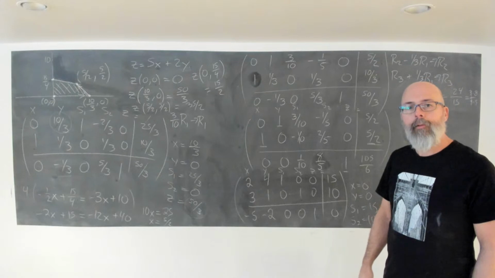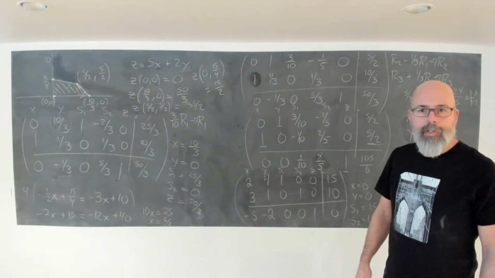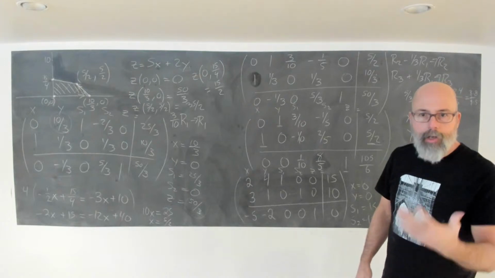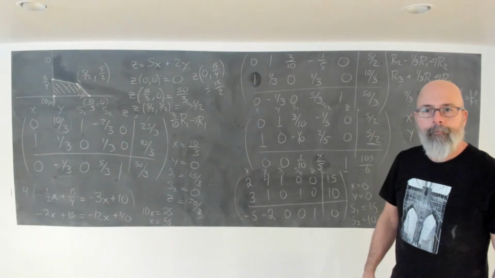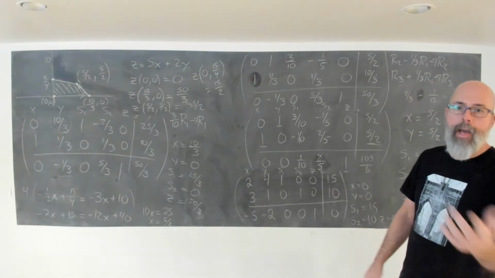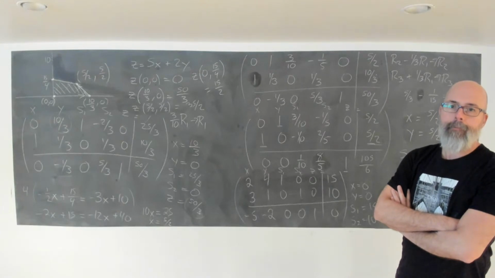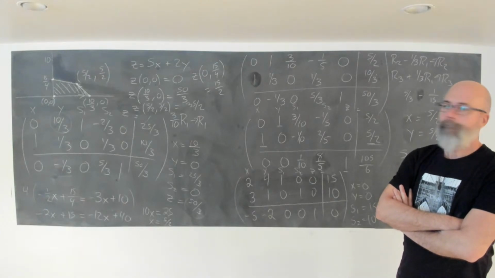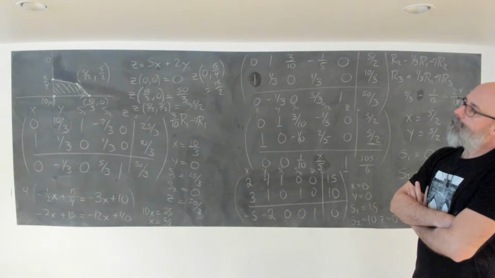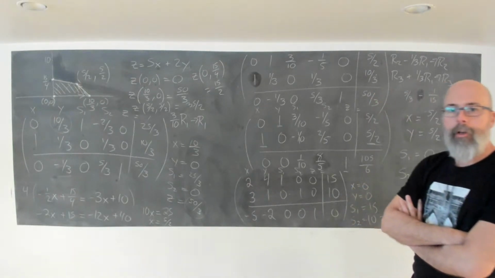Will the slack variables always be 0 at the end? They will not. In general, you may have non-zero slack variables. How are we doing here?